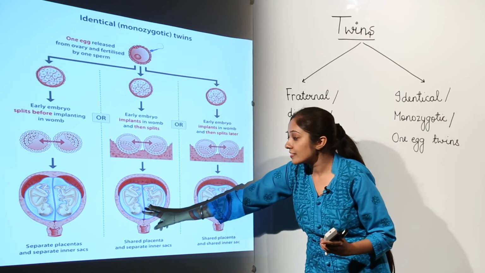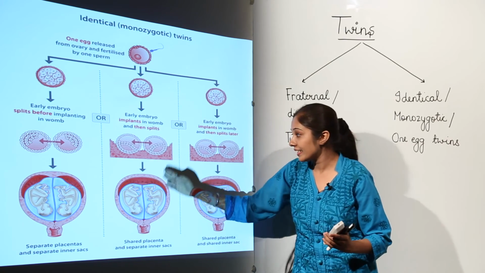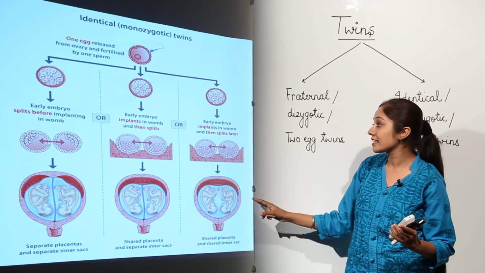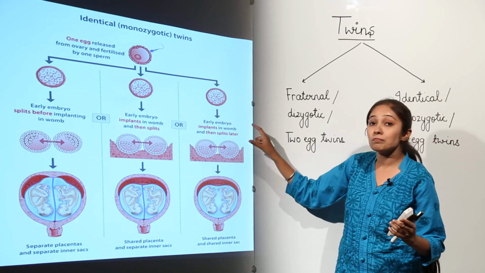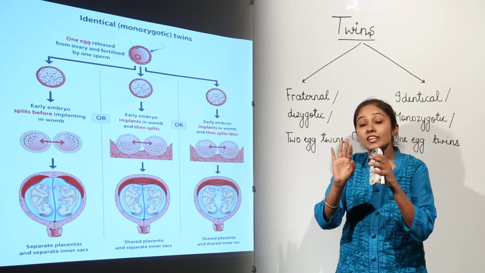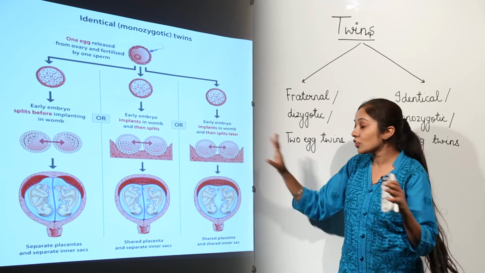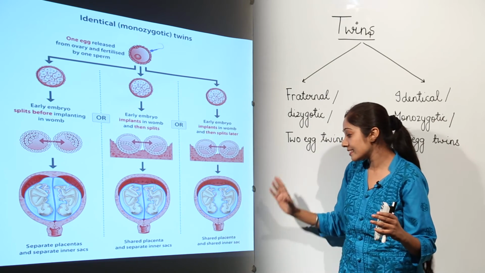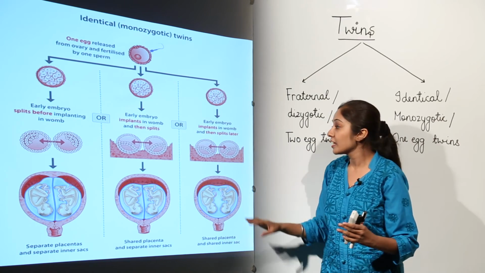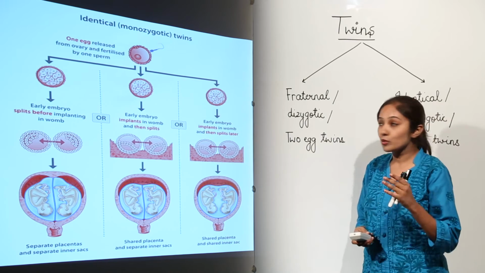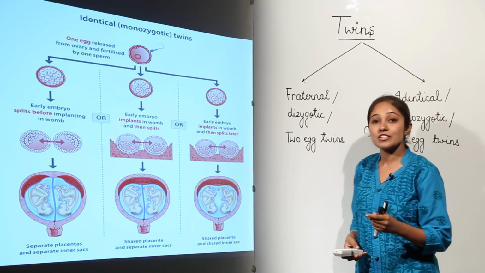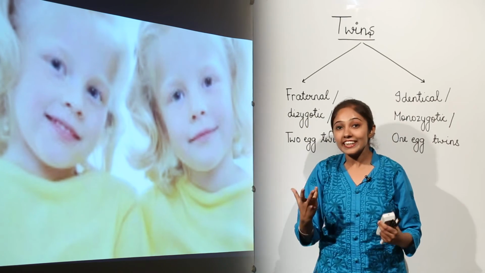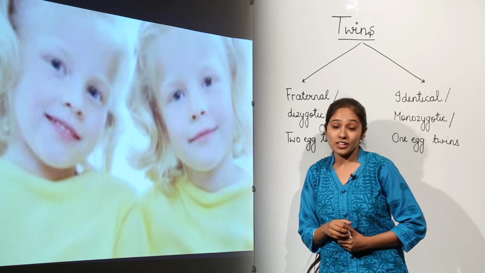In the first two cases you can see separate placentas, but in this case there is a shared placenta. Why? Because the early embryo implants in the womb and splits quite late. When there is such a long time gap, they can eventually share the same placenta and same inner sac. So this is how identical, or monozygotic, twins will look.